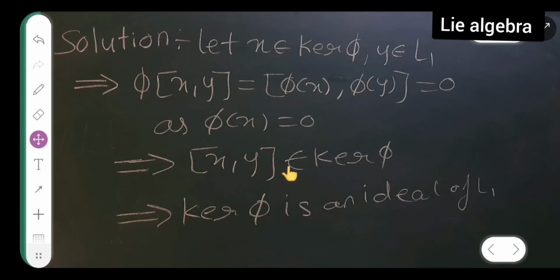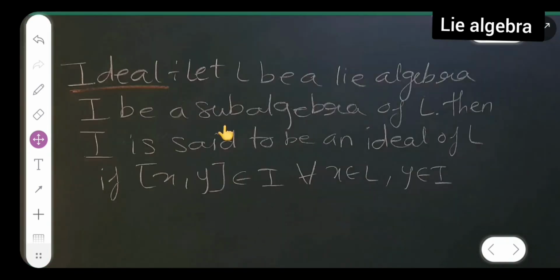Now this implies what? I have to show that the kernel of phi is an ideal of L1. For that, what I need to do is show that the Lie bracket of x comma y belongs to the kernel of phi, because of this definition of ideal. Now what is an ideal? Let L be a Lie algebra and I be a subalgebra of L. Then I is said to be an ideal of L if the Lie bracket of x comma y belongs to I for all x belonging to L and y belonging to I. So what should happen?